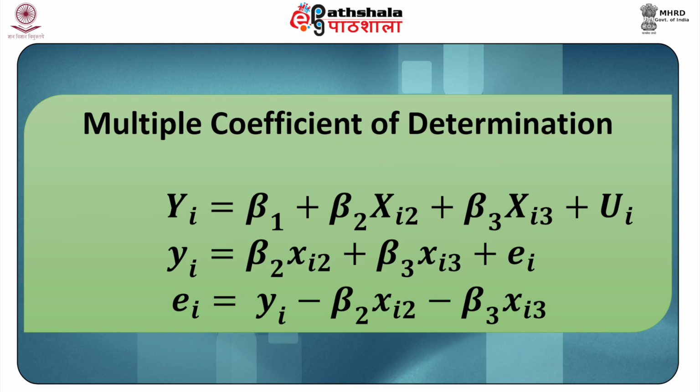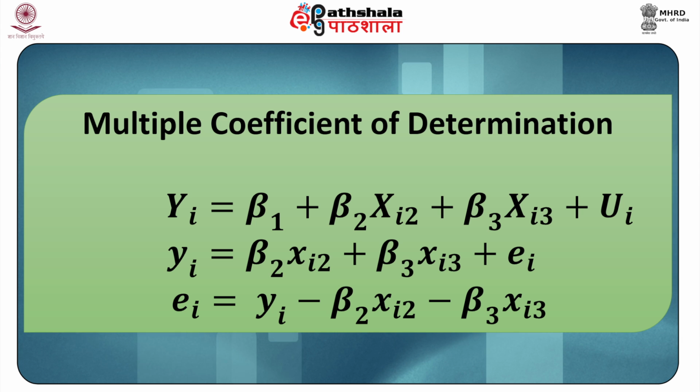It can be shown that yi is equal to beta 1 plus beta 2 xi2 plus beta 3 xi3 plus mu i. Therefore, in deviation form, we find equation 14 from above. We can rewrite that, and we get small yi is equal to beta 2 into small xi2 plus beta 3 into small xi3 plus ei.